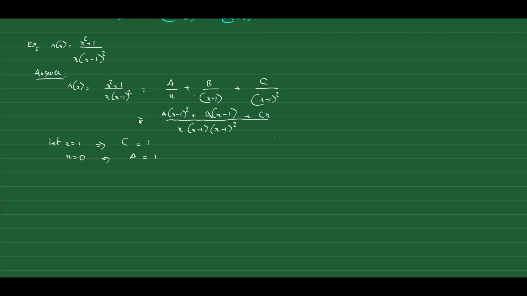So you need to find B only. In order to find B, at the end we still have to match up the coefficients. So over here, we have to expand them: x squared minus 2ax plus a, bx squared minus bx plus cx.